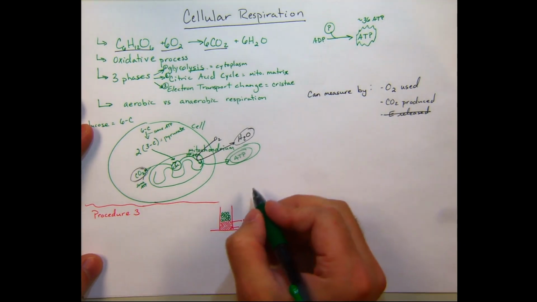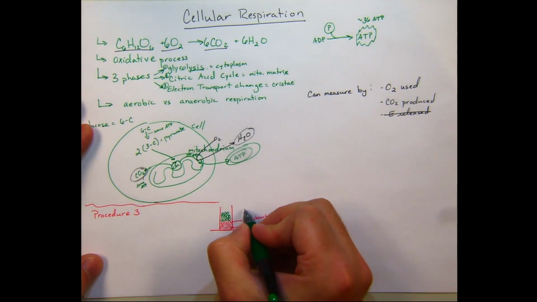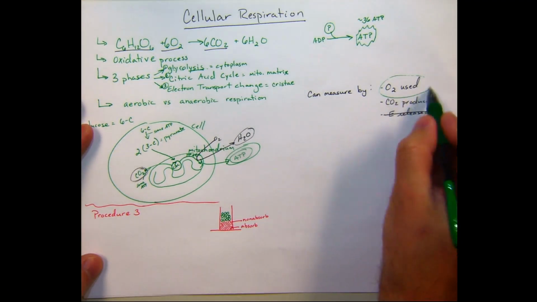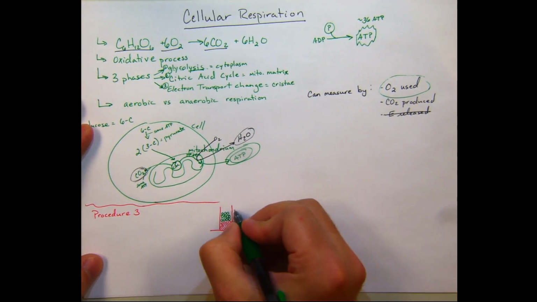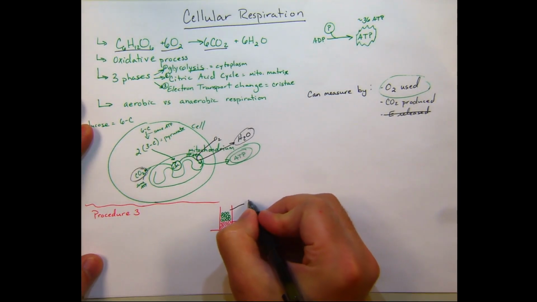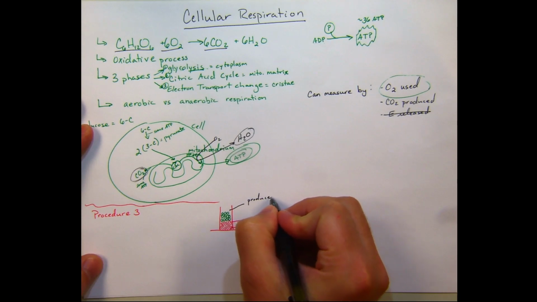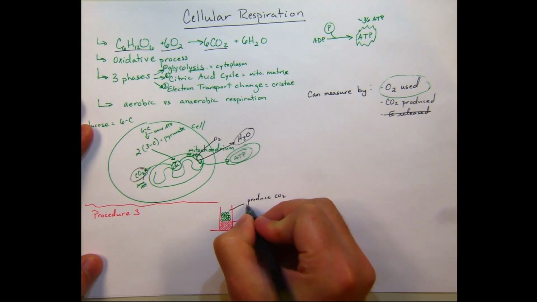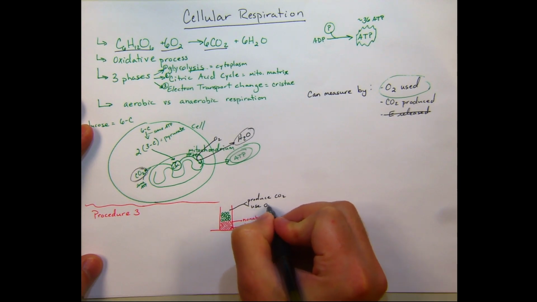But what we're going to do is measure how much oxygen is used. In fact, let me write this differently. Let's say this: these peas will produce carbon dioxide, but they're also going to use oxygen.